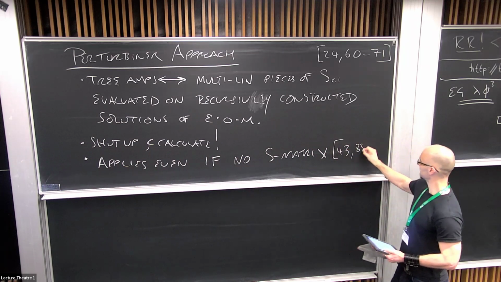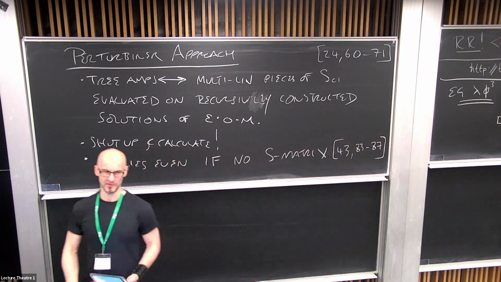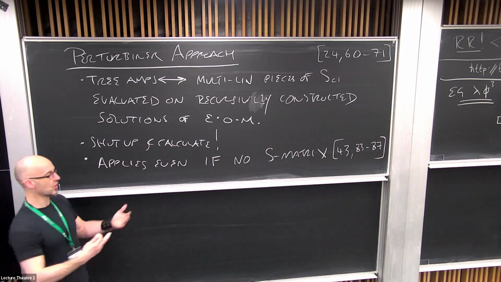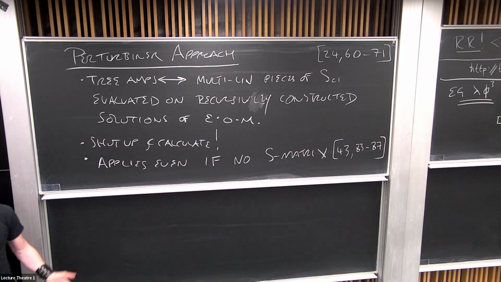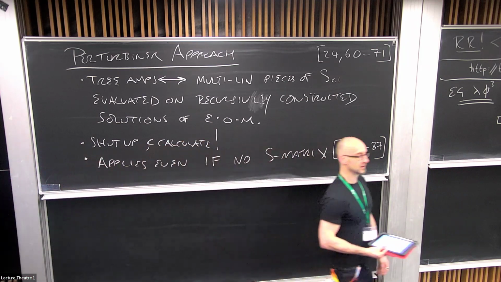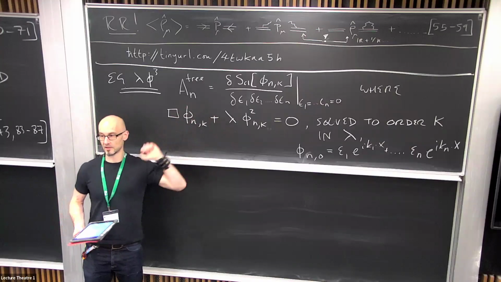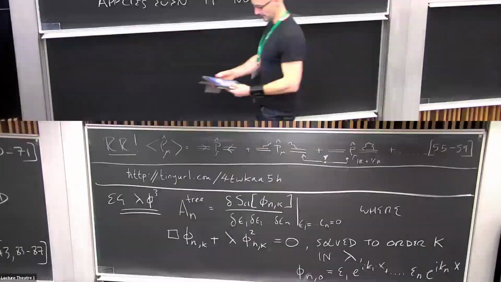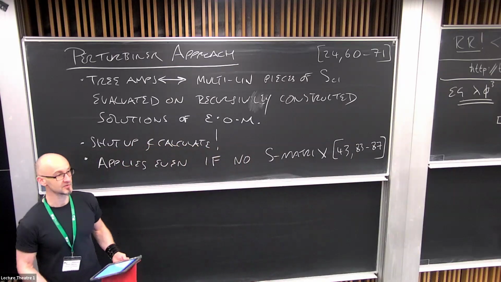So if there's no S matrix, or you're not quite sure what the S matrix is, or you think something goes wrong, maybe there's a horizon, there's a black hole, things aren't asymptotically flat, blah, blah, blah. Well, you still just take your action, construct the appropriate solution, plug it in, and the things that fall out have exactly the same kind of information content as you would expect of a scattering amplitude.